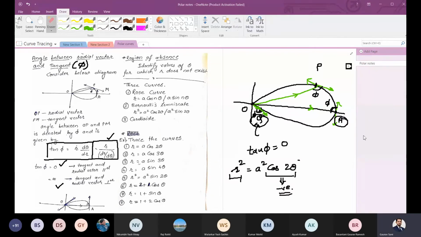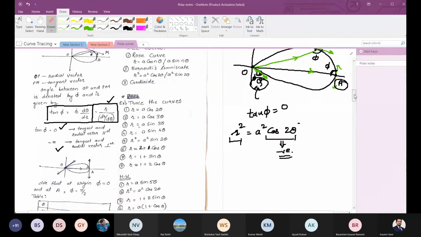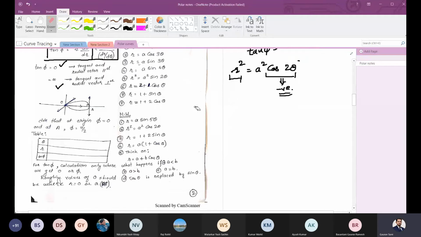Once we have this, draw the table. This kind of table we need to draw. In the table, we will have the values of theta, values of r, and values of tan phi. For tan phi, we are interested only where it becomes 0 or infinity.